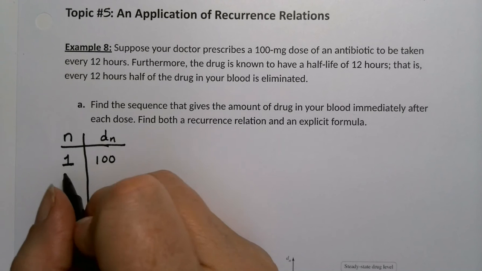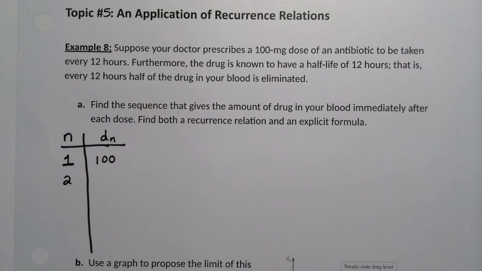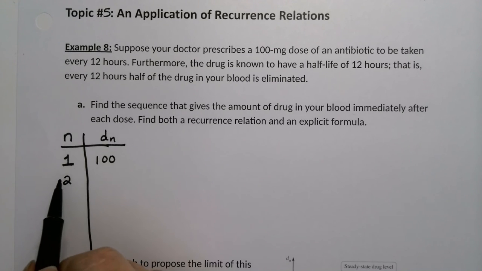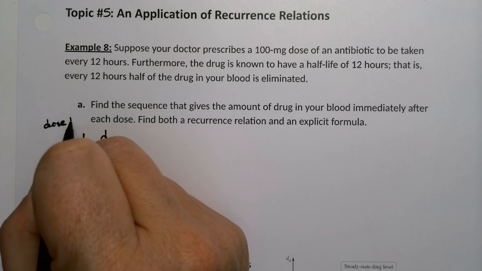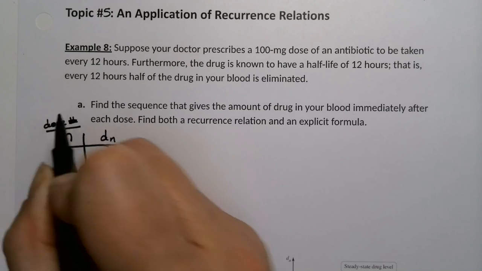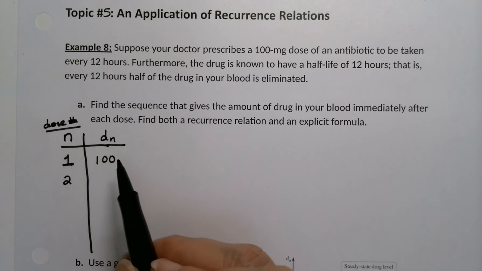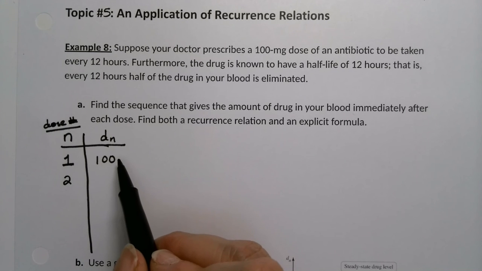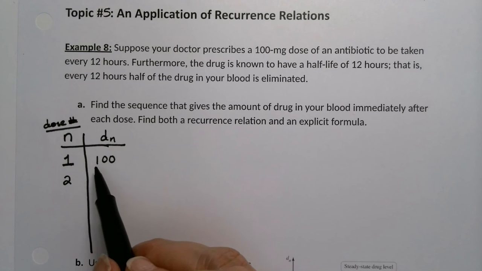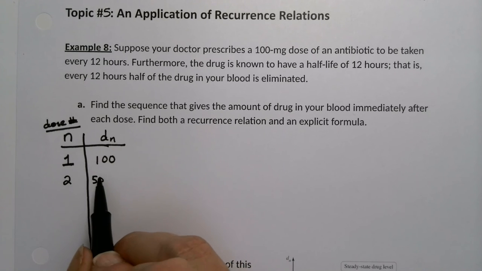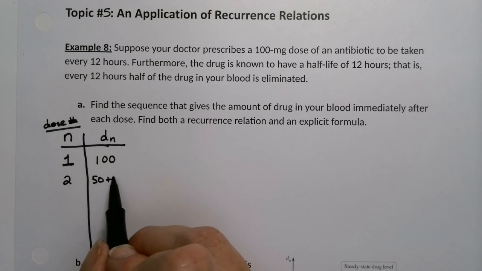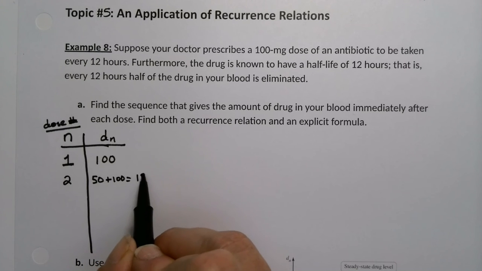Now at time 2, 12 hours later, dose number 2, you've purged half of this. So half of the 100 is gone, so you only have 50 milligrams of the original dose left. But then you take another dose of 100, which gets you to 150.